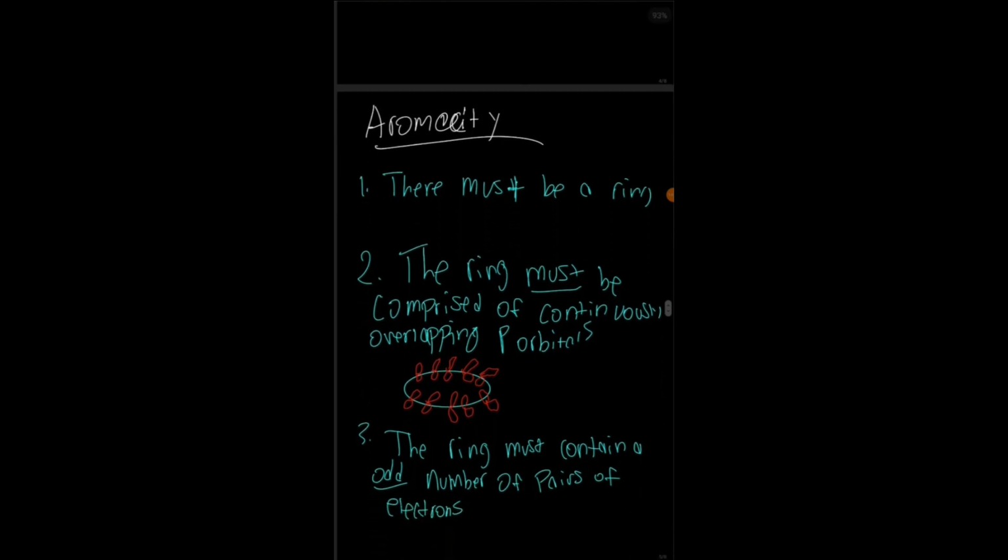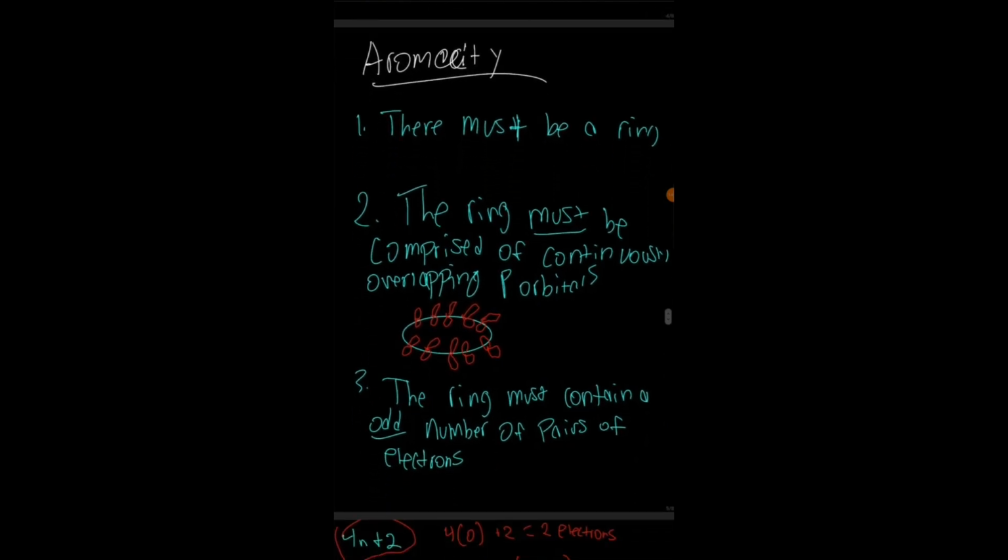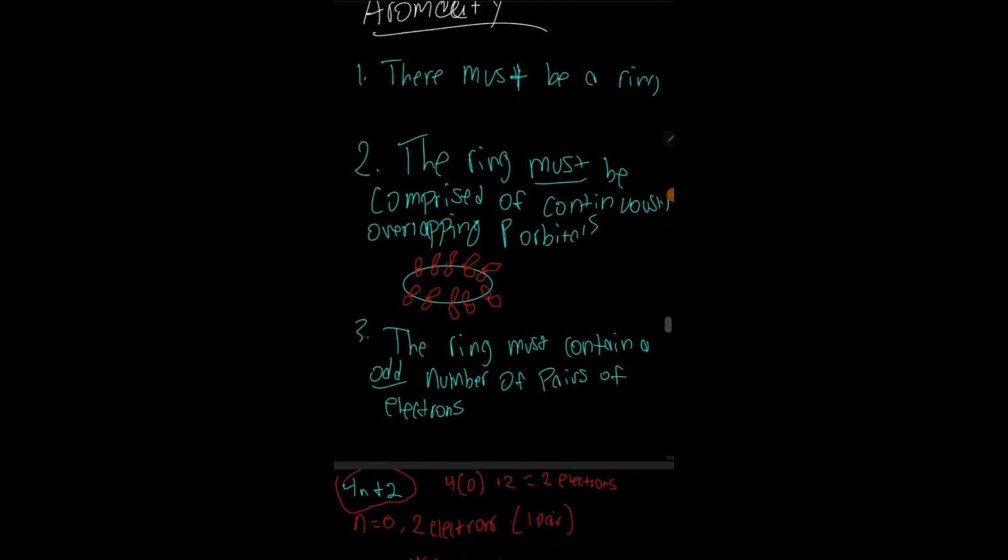Moving on, now we're moving into aromaticity. There are 3 rules that every aromatic compound must have, and if it does not have them, it is not aromatic. 1, there must be a ring. No ring like this, not aromatic. 2, the ring must be comprised of continuously overlapping p orbitals.